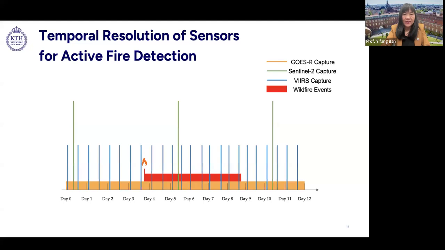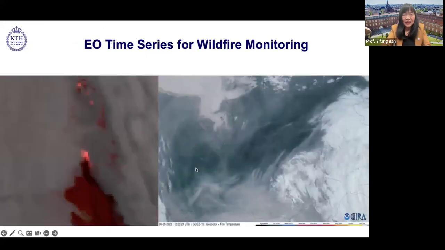So in terms of temporal resolution, just to compare, Sentinel is every 5-6 days, and then you have GOES or geostationary. They monitor every 15 minutes continuously. Then you have the sub-daily of the other sensors.